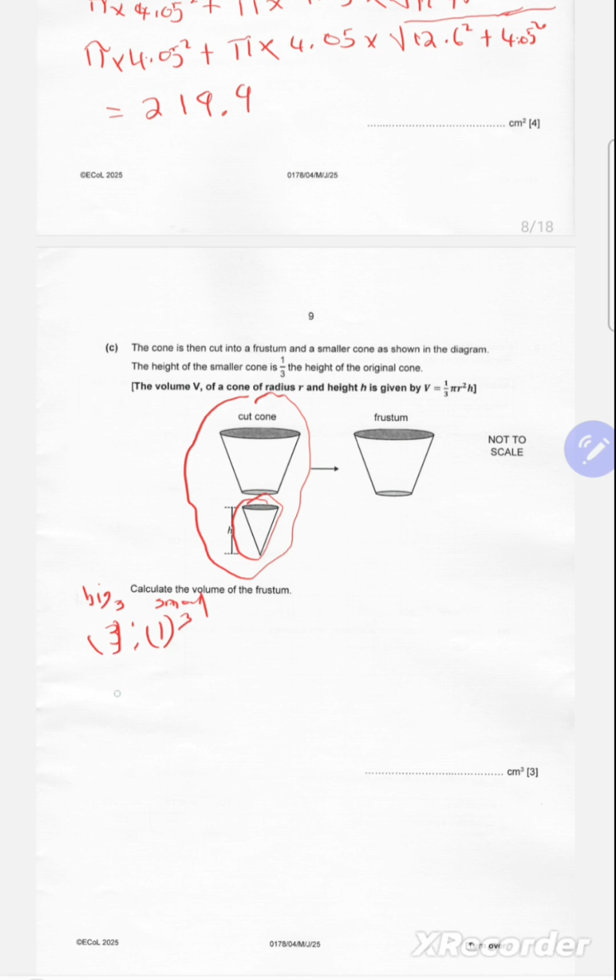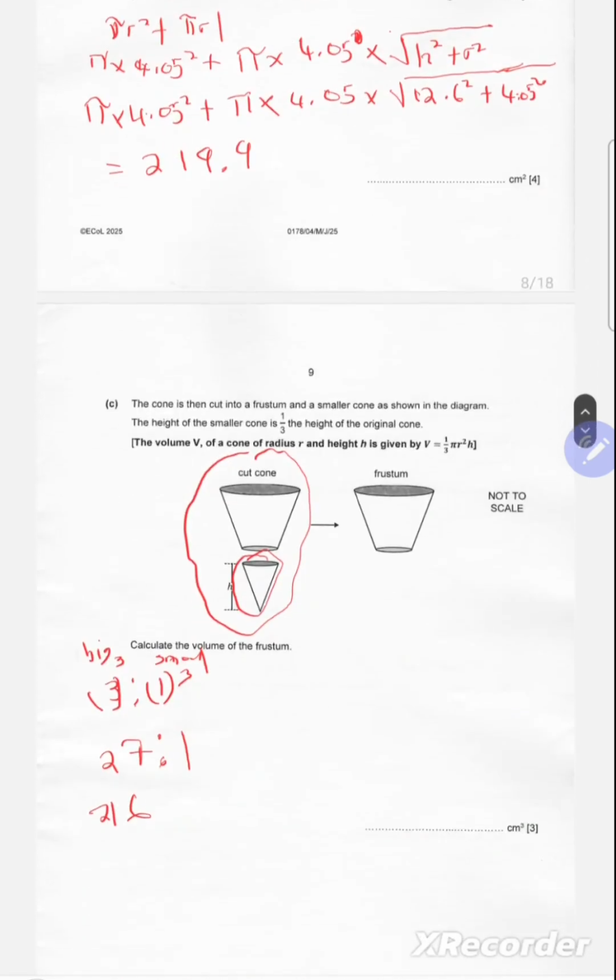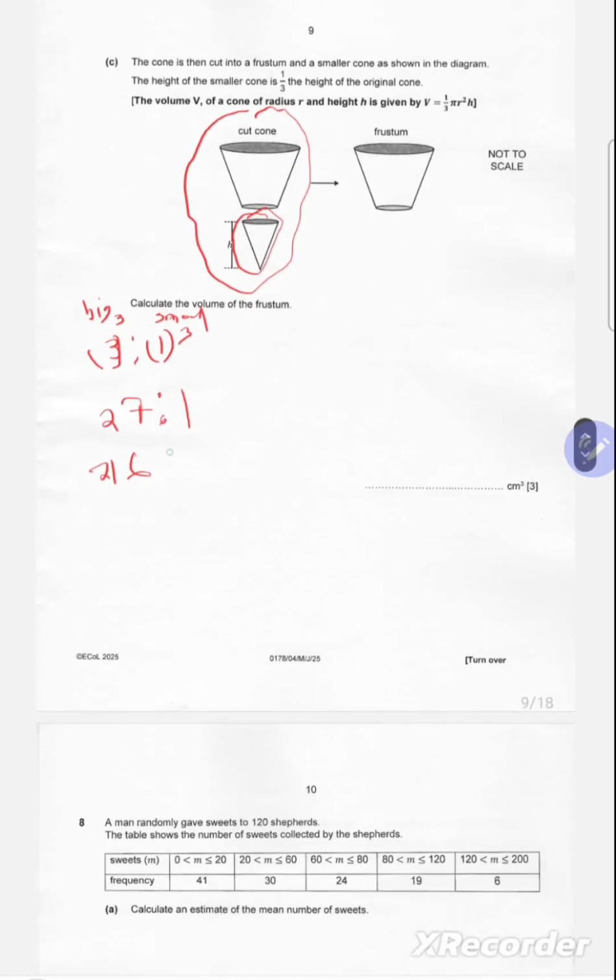So the ratio of their volumes is going to be 27:1. We know that the volume of the big cone is 216, as calculated earlier, because the volume of the cube and the cone are equal.